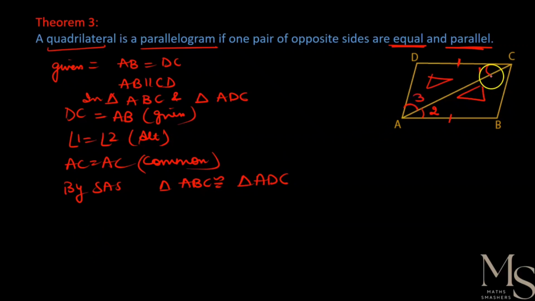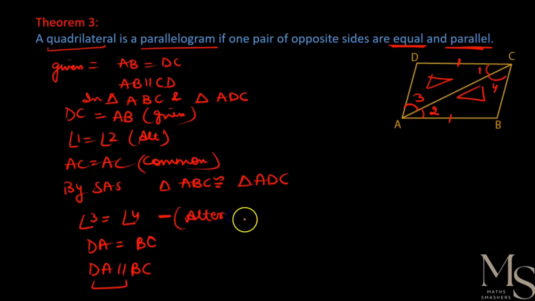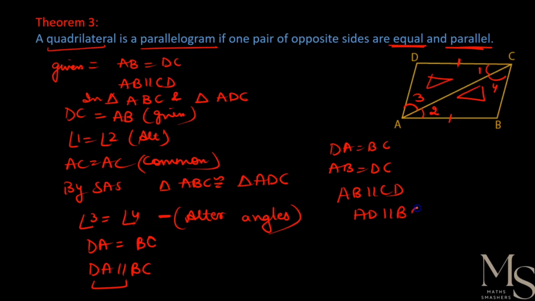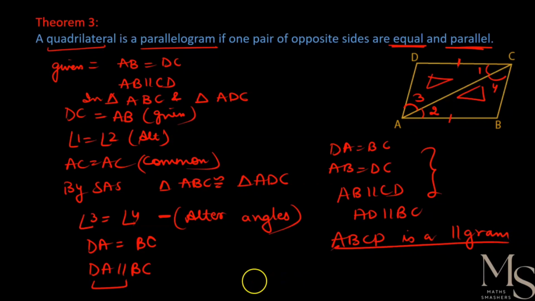So by CPCT what can I say, that the other pair of angles, that is angle 3 and angle 4, is also equal. एंगल 3 और एंगल 4 इक्वल हैं. ठीक है, और DA भी इक्वल है BC के. और अगर ये जो एंगल्स हैं वो इक्वल हुए, दैट मींस DA इज पैरेलल टू BC. पैरेलल भी तो होंगी अगर एंगल्स इक्वल हैं, और एंगल्स ऑलरेडी यू नो दैट दे आर ऑल्टरनेट एंगल्स. और ऑल्टरनेट एंगल्स कब होते हैं, जब लाइंस पैरेलल होती हैं, दैट मींस DA इज इक्वल्स टू BC. ठीक है, तो DA is equal to BC and AB is equal to DC and AB is parallel to DC and AD is parallel to BC. सारे क्राइटेरिया बन रहे हैं, दैट मींस ABCD is a parallelogram. ओके, हेंस प्रूव्ड.